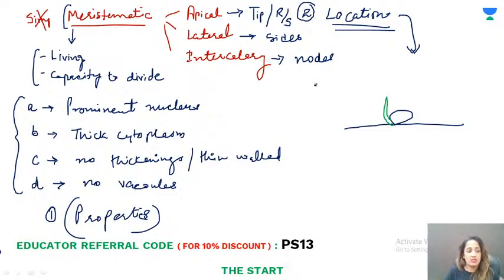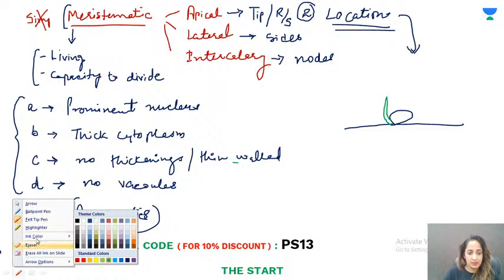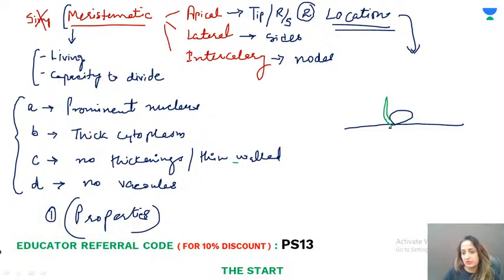So now as it has this new shoot, it has to grow in length. Similarly, a small structure starts growing inside the ground. We call it root, and this one over here we call shoot.